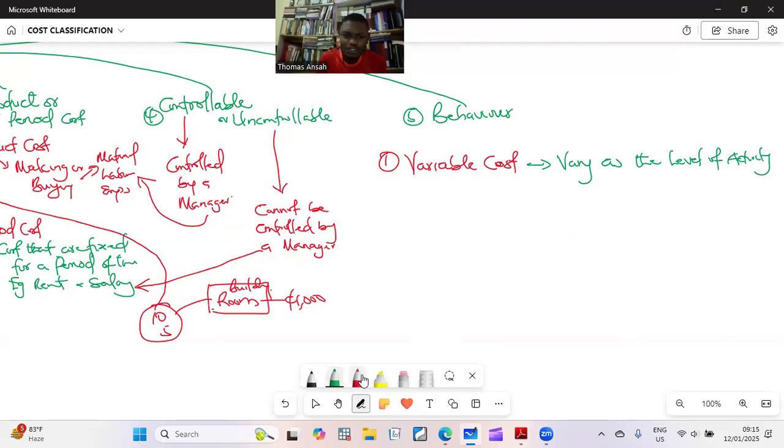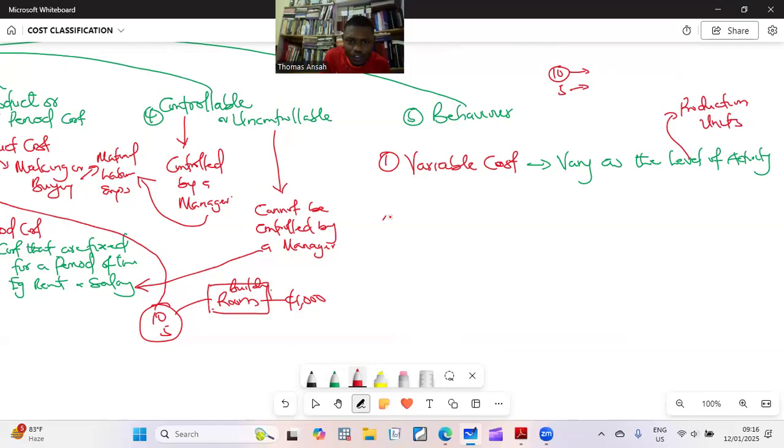Level of activity means my production. If I'm producing 10 units, the material that I will use for 10 units will be different from the material that I'll be using for producing 5 units. So level of activity is just our production units. So it varies. It's not the same.